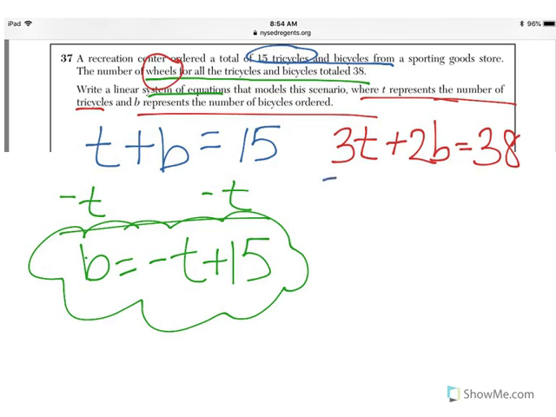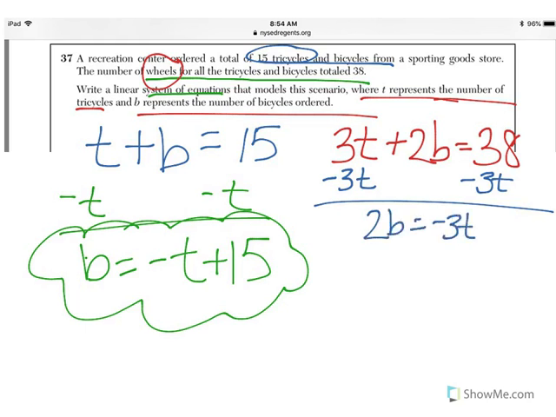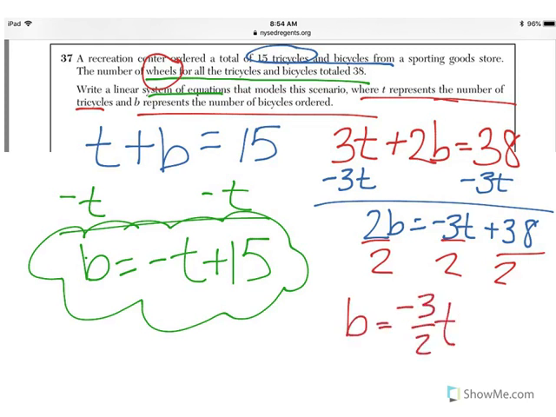The second equation, we need to get b alone, so we're going to subtract 3t from both sides. We have 2b equals negative 3t plus 38, and then we're going to divide every term by 2. So when b is alone, we have b equals negative 3/2 t plus 19.